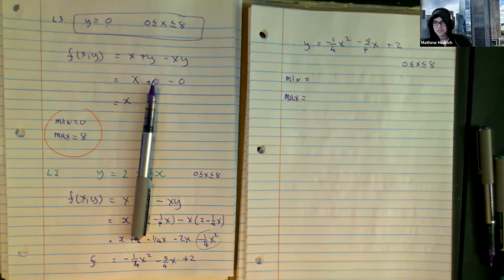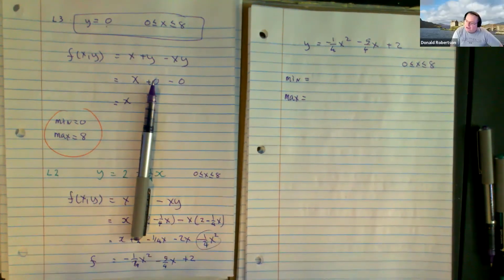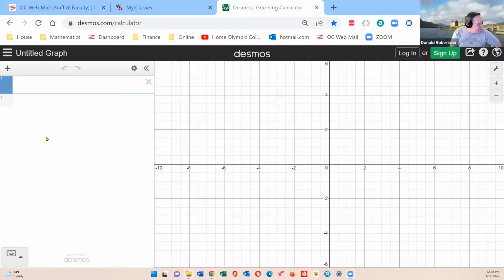Well, you just said technology, so you could just graph it and find the turning point. Pretty much, yes. Maybe I shouldn't have said technology, but that was the word that came out. You're right. Let me show you. I'm going to use Desmos, which is one of the things that you get in your Canvas, to help make your life easier. So here is Desmos.